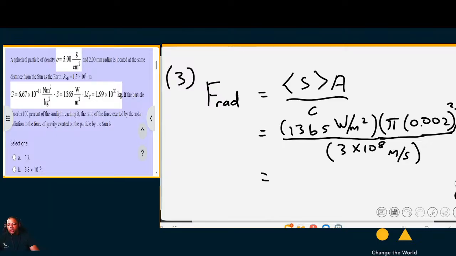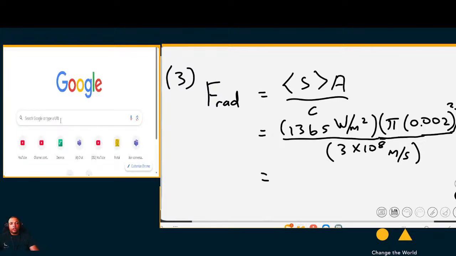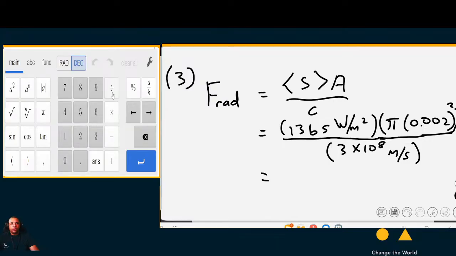Let me just pull up Desmos, the calculator. There is one there, but I'm going to show it there. Just the Desmos calculator, there it is. What we are going to be doing is, there, fraction. So it's going to be 1365, so I can show you exactly what I did to get this answer.